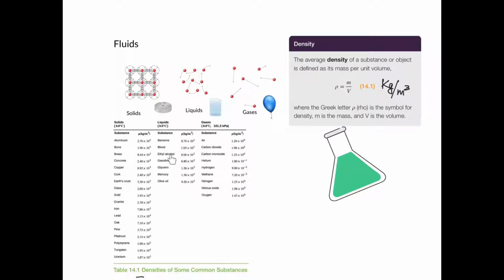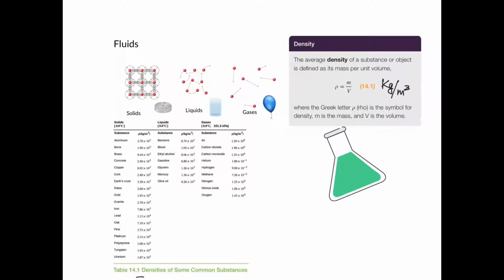If you look at liquids, you see that blood has a density just a little bit more than that of water. It's 1.05 times 10 to the 3, which means it's 1050 kilogram per meter cube. And of course, the density of gases is much, much smaller. You can see oxygen is 1.43 kilogram per meter cube. Carbon dioxide is a little bit more dense, 1.98 kilogram per meter cube.